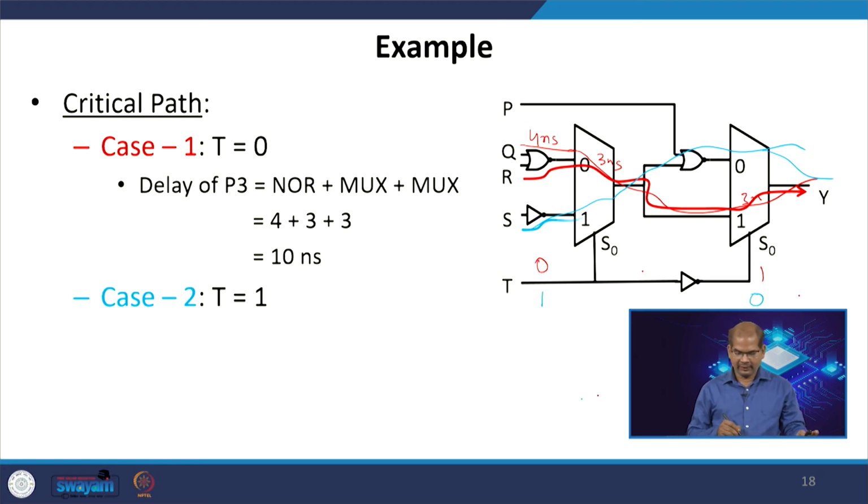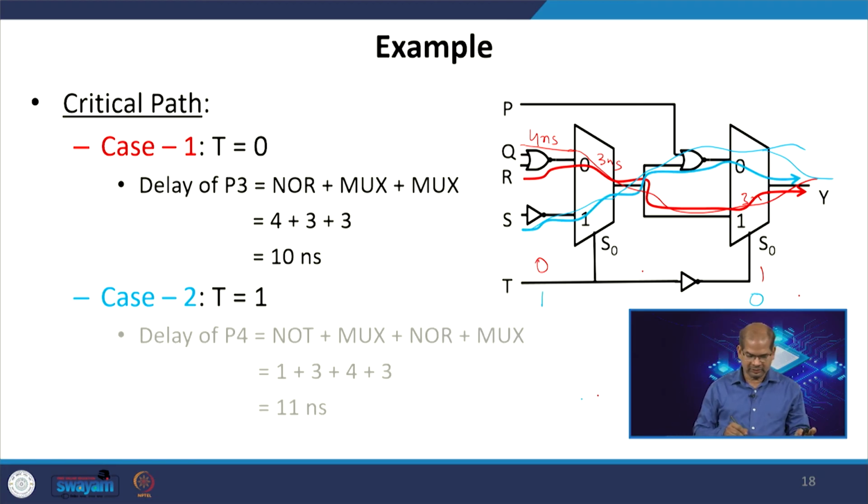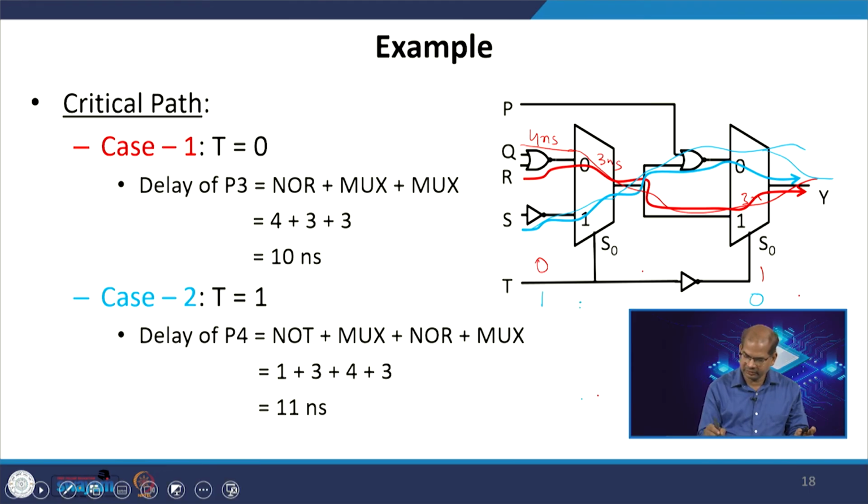The delay of the inverter is 1 nanosecond. The multiplexer is 3 nanosecond. The NOR gate here is 4 nanosecond.